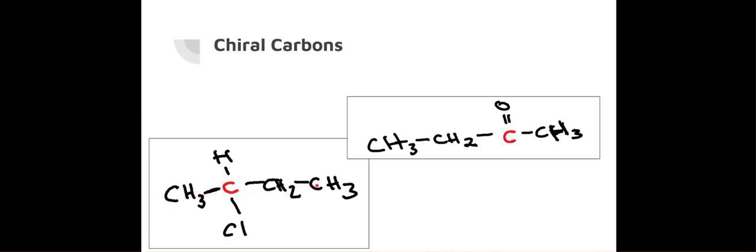So these are not chiral, but this one here is. This is an example of one that is not chiral, because it's only got 3 groups attached to it. So this is not a chiral atom or molecule. That was a little bit of a quiz, and I gave you the answers.